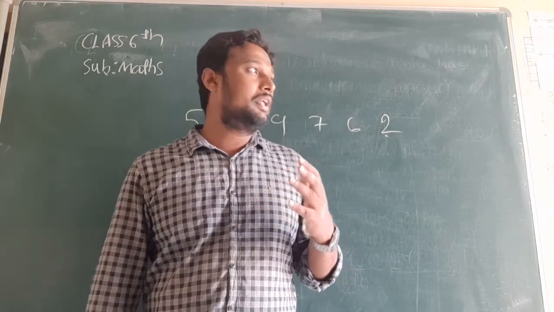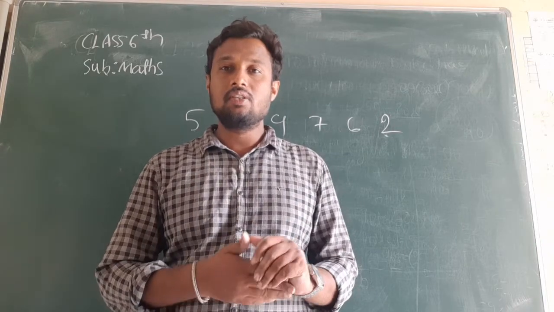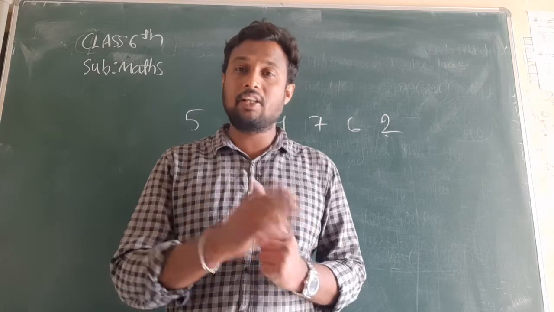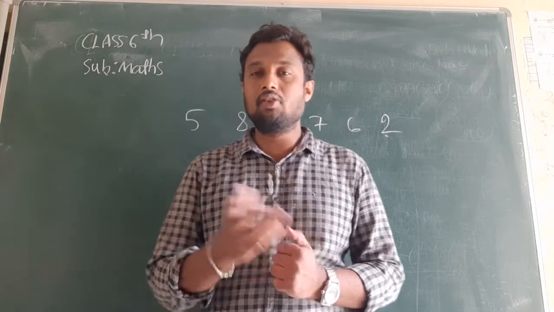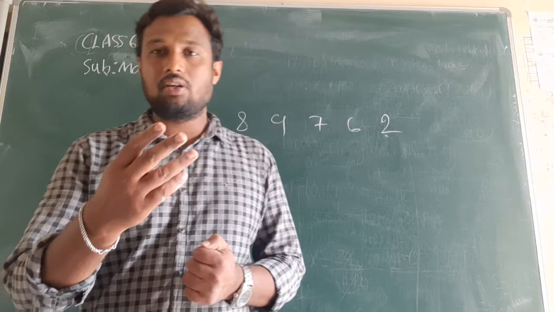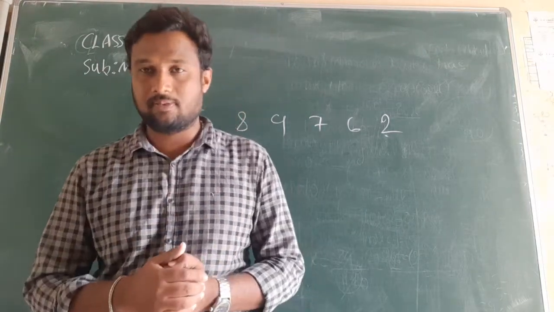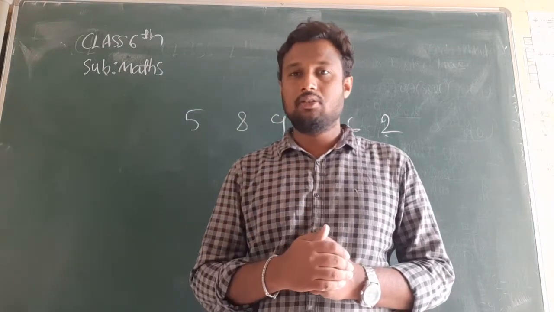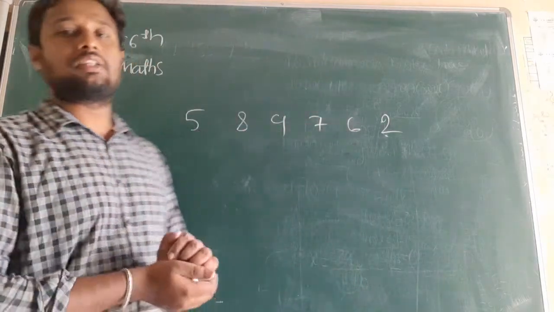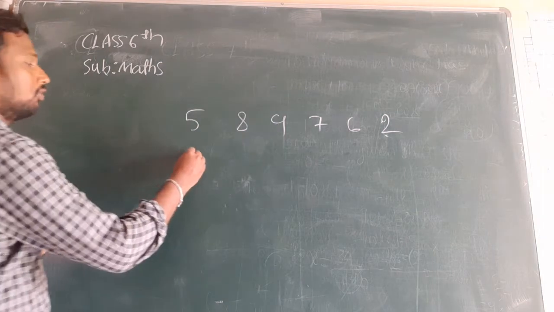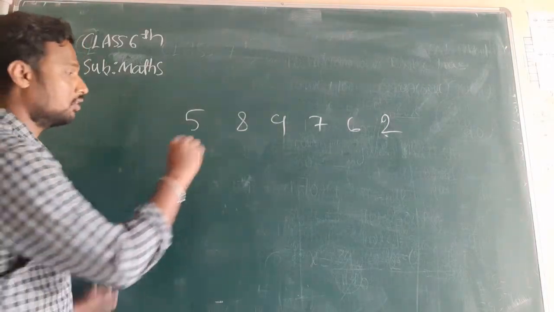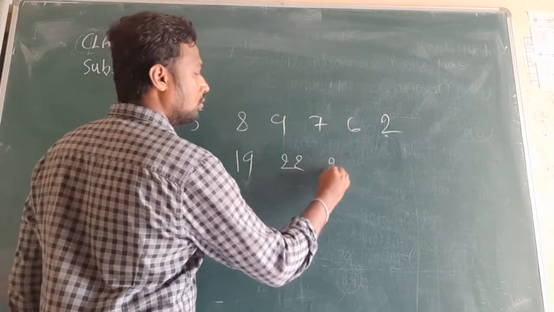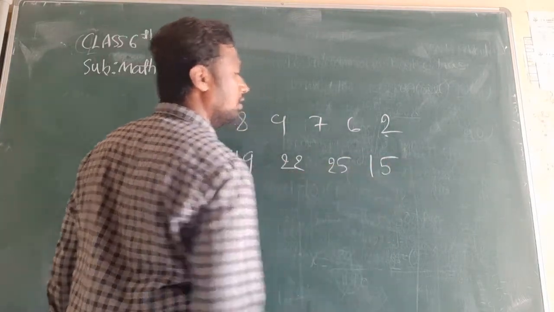It will be easy to judge which is the greatest number, which is the lowest number, which is the middle number. For example, in your classroom there are 20 students. If I take a test of 25 marks and write the numbers randomly, one of you took 21 and 19, someone took 22, someone took 25, and some 15.